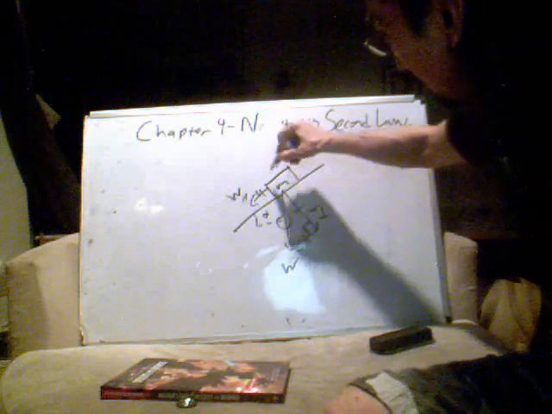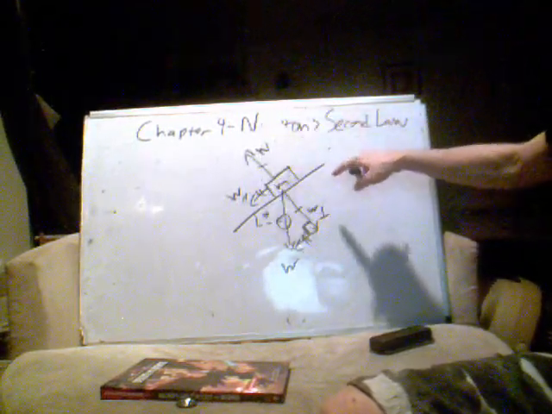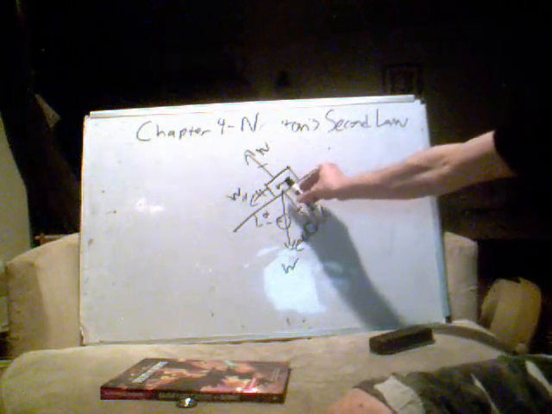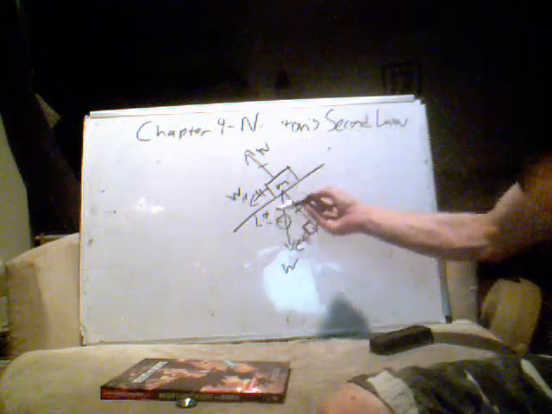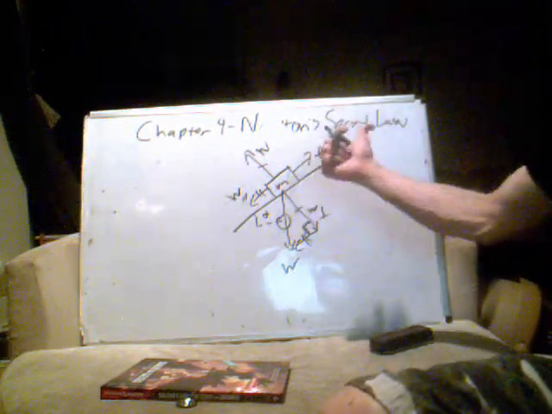Now, obviously, there is going to be a normal force that is equal in magnitude and opposite in direction to the component of the object's weight that is perpendicular to the surface of the book or the ramp or what have you, right? And also, the force of friction is going to act opposite that.